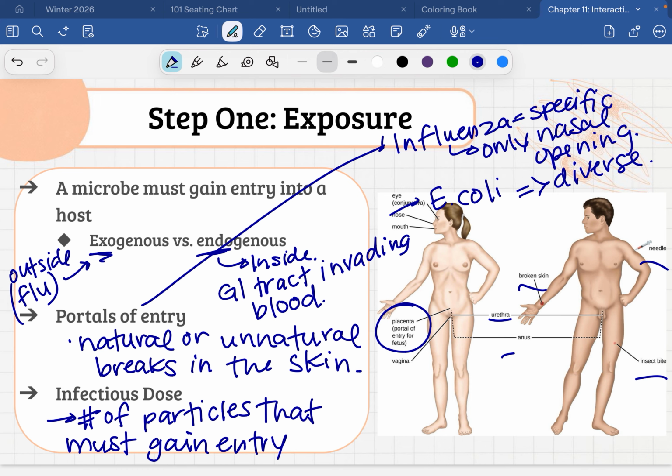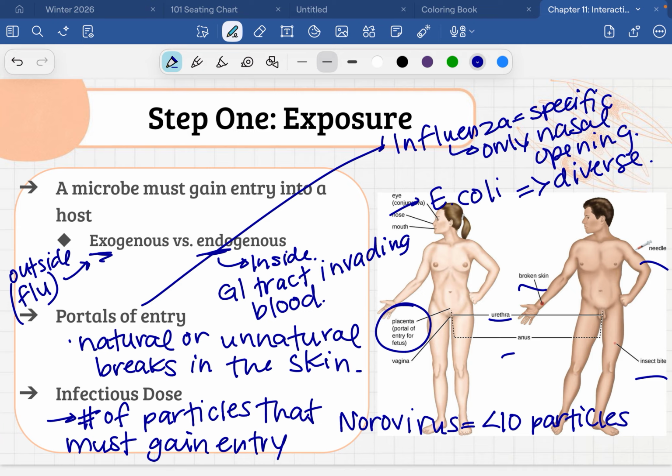So some organisms have very, very low infectious doses. Something like norovirus, I don't know the exact number, but it's like less than 10 particles. It has an incredibly low infectious dose, which means that less than 10 particles need to enter a portal of entry in your body in order to cause disease inside that human. A very, very low infectious dose.